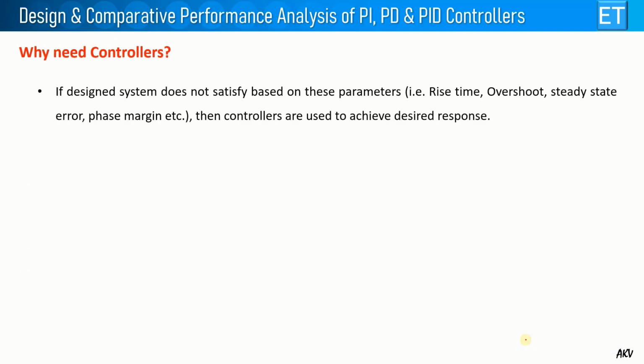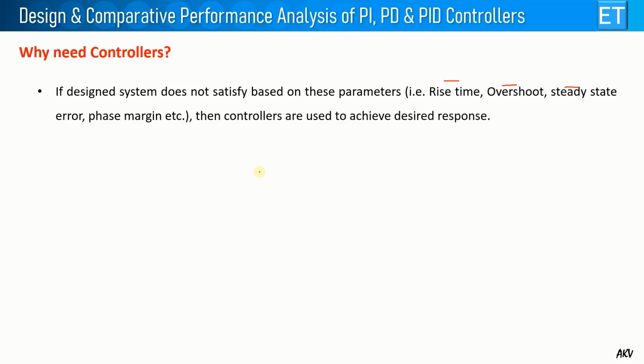And actually, when we design a system, we get some transfer function. After testing this transfer function, we may see that the output we are getting from this system is not satisfying our requirement. We can analyze the response of that system on the basis of these parameters which I have already discussed.